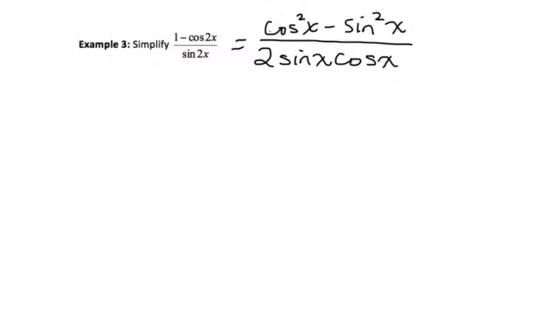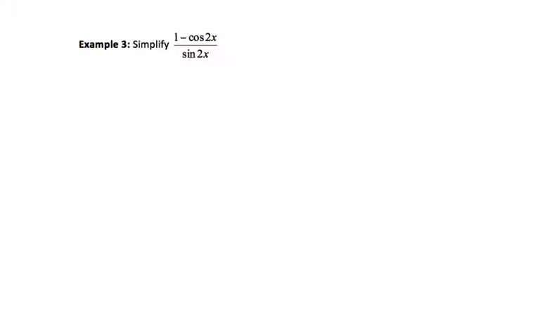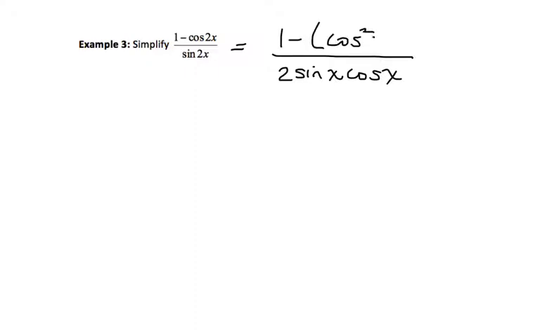But really, I'm not going to have anything that cancels out because if I look at this as a difference of squares, I have cos x minus sine x times cos x plus sine x. Nothing cancels. Oh, I forgot the 1. That's better. Geez, don't forget this 1. So I need to erase this all because this doesn't allow me to slide things over. Okay, so on the bottom I have 2 sine x cos x. Up top I have 1 minus cos squared x minus sine squared x.